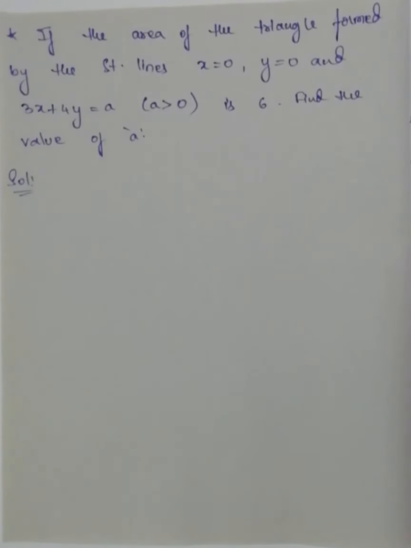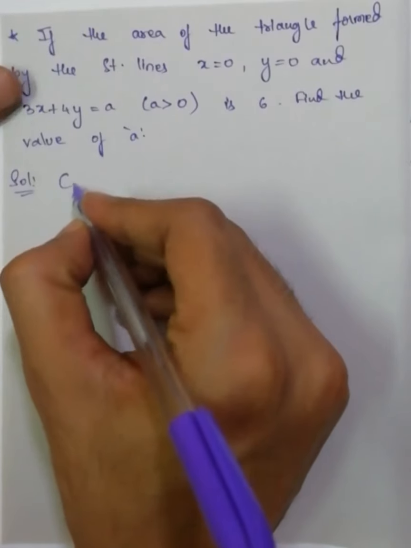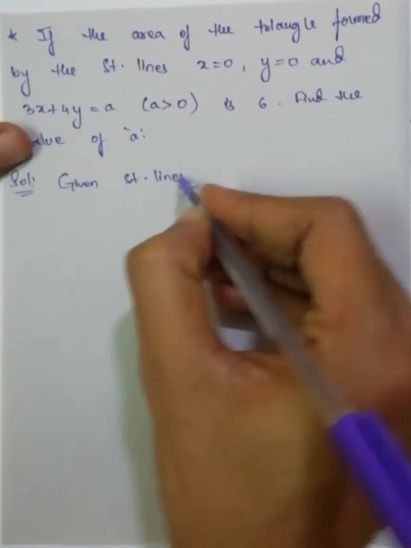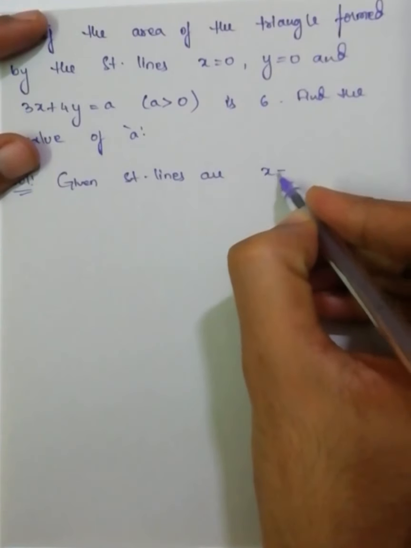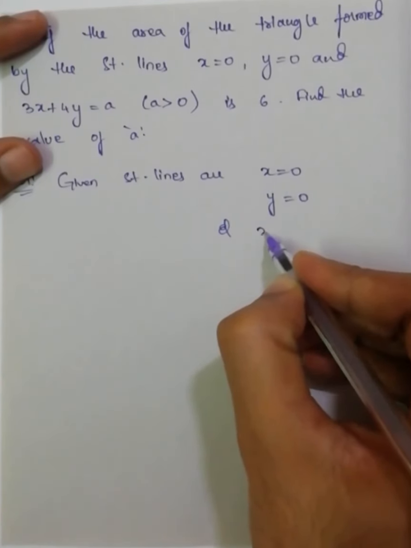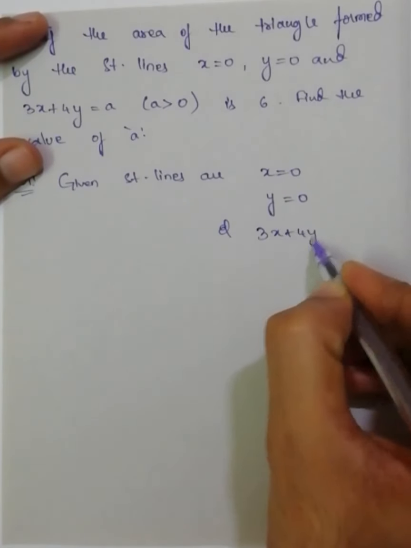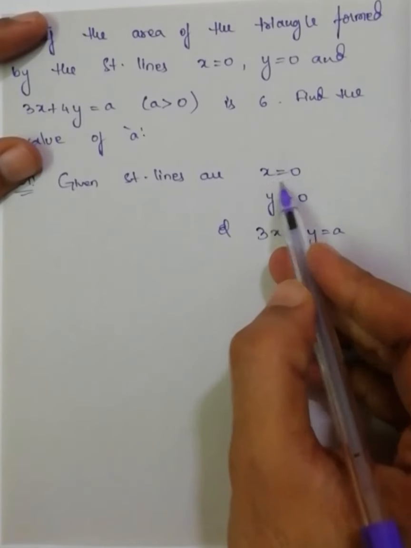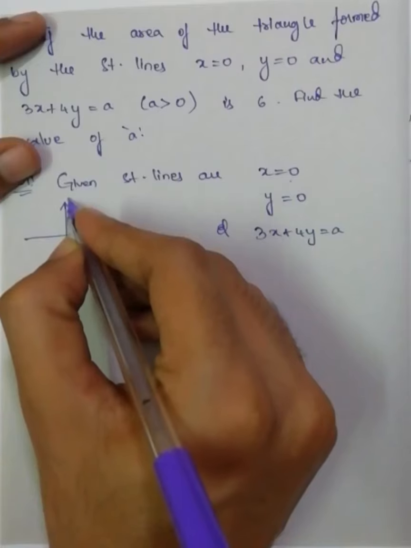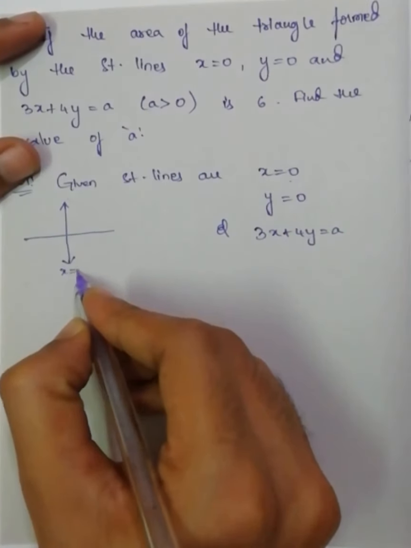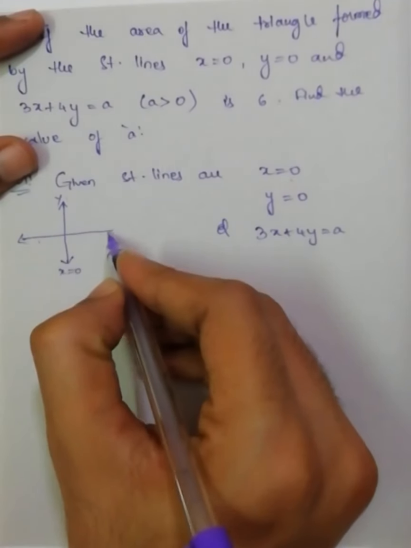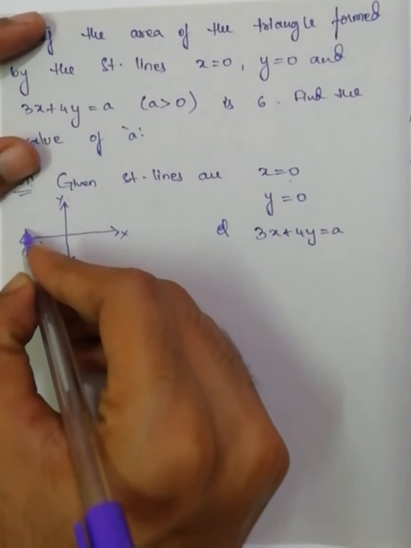What are the given lines? Given straight lines are x is equal to 0, y is equal to 0, and 3x plus 4y is equal to a. What is this x is equal to 0? Y axis is also called x is equal to 0, and x axis is also called y is equal to 0.